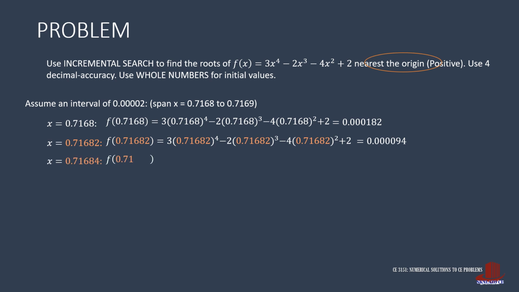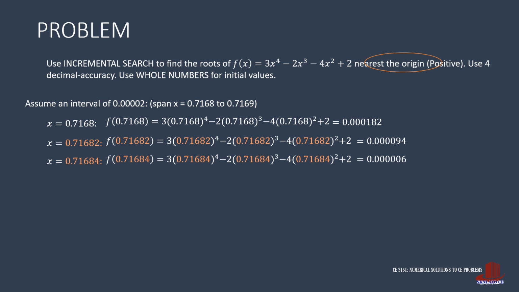Add another increment and have the function 3 times 0.71684 raised to 4 minus twice of 0.71684 cubed minus 4 of 0.71684 squared plus 2, resulting to 0.00006. Since this satisfies our accuracy, let's validate if the next increment will yield a larger gap.